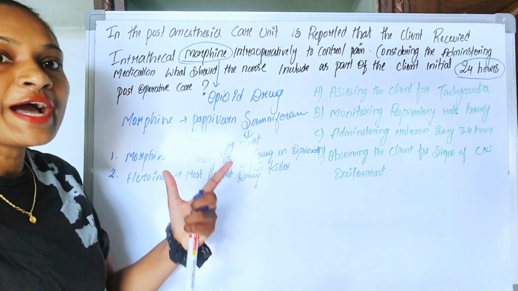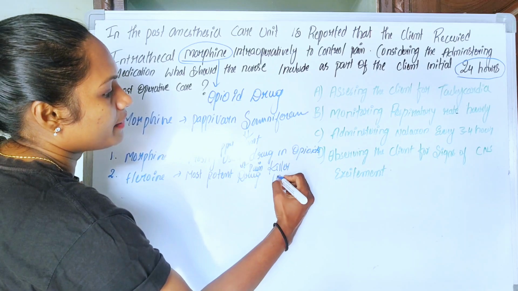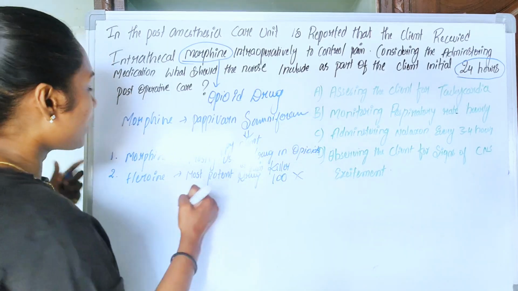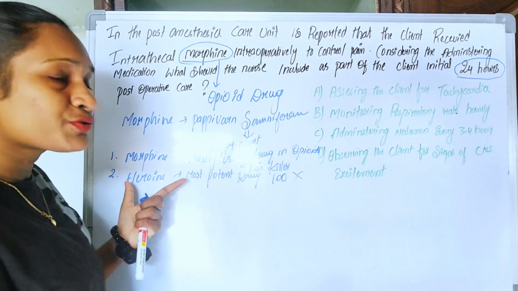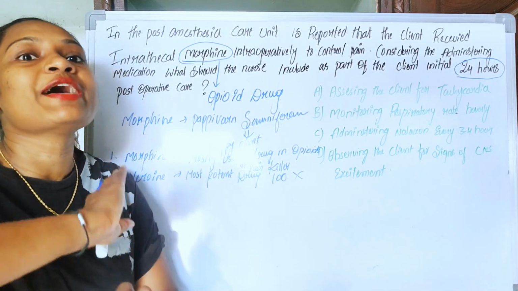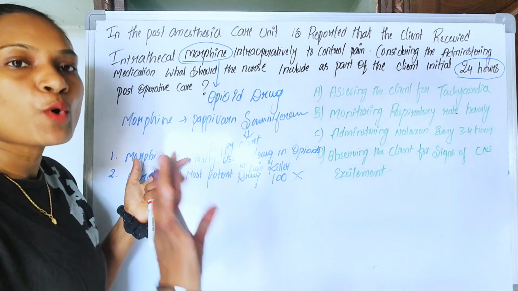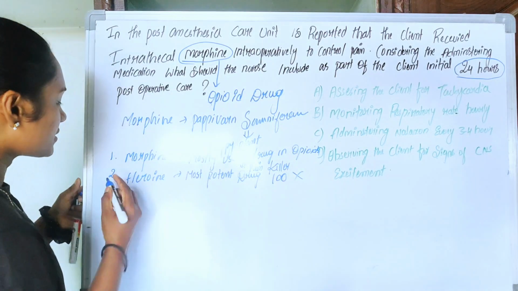Heroin will work 100 times more than morphine. So that's why we mostly won't use heroin, because it will affect more than morphine.